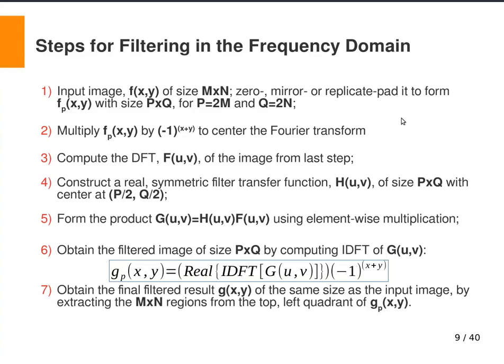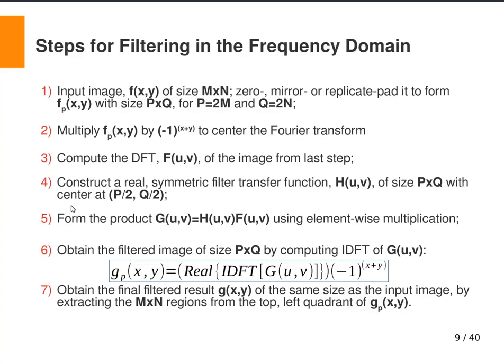Then the next step is to multiply this padded image by this function at any pixel location, and this is to center the Fourier transform. Then the next step is to compute the discrete Fourier transform F of u,v of the padded image from the previous step 2.